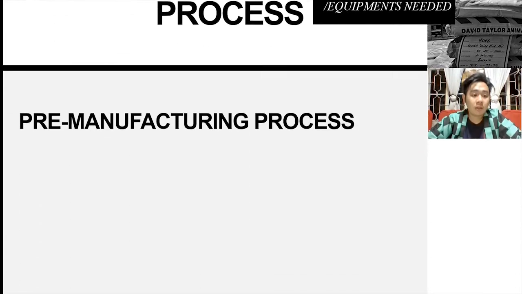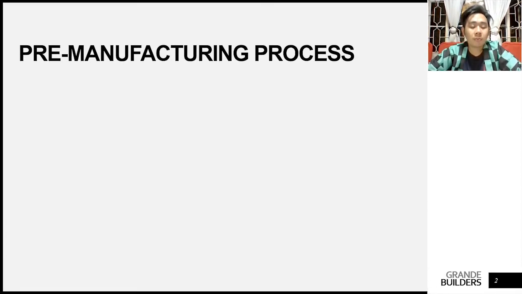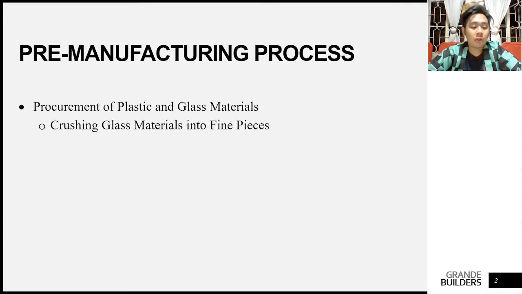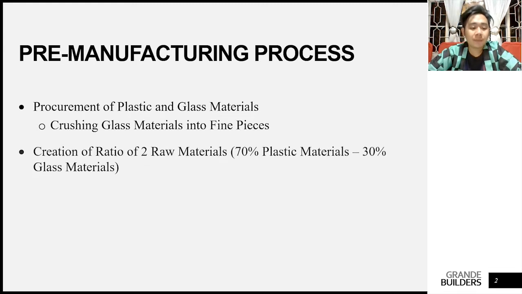Okay, the pre-manufacturing process. First is to procure plastic and glass materials by first crushing glass materials into fine pieces.